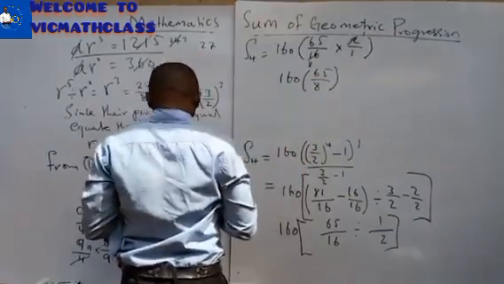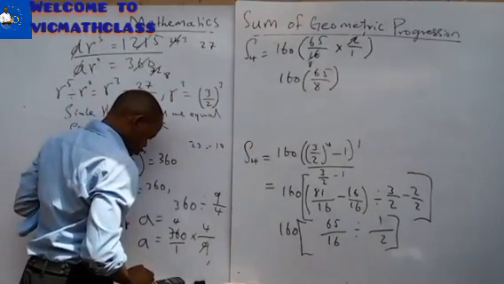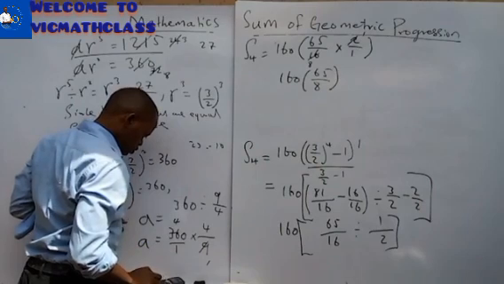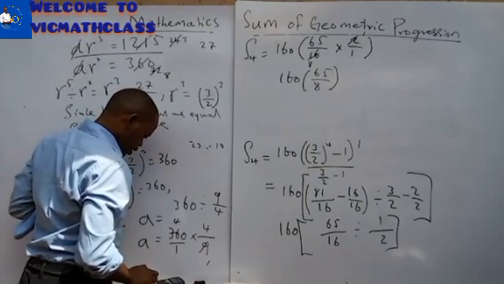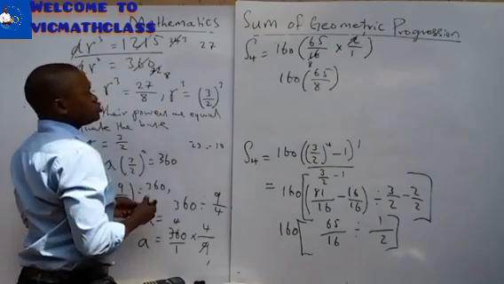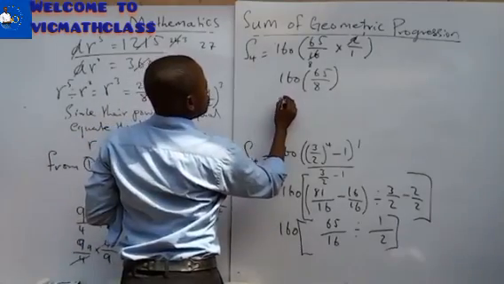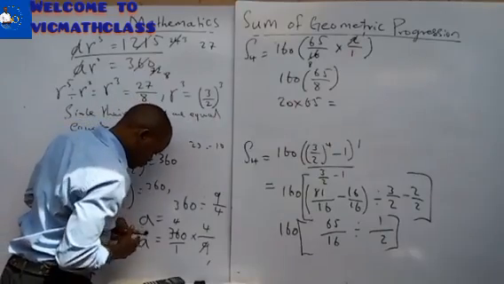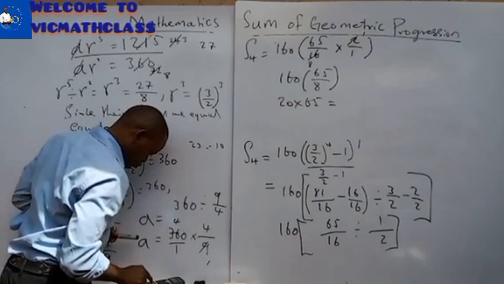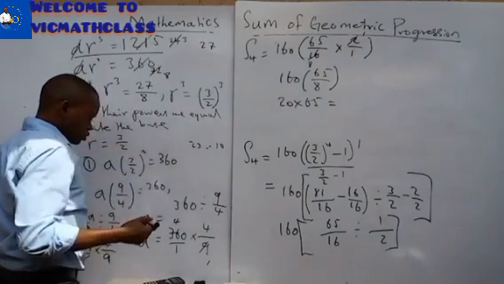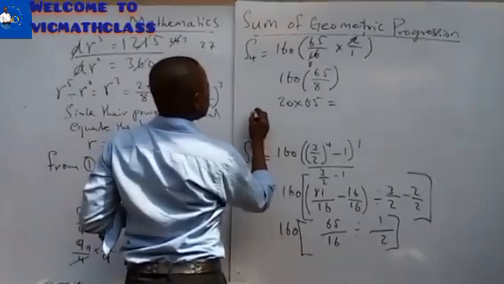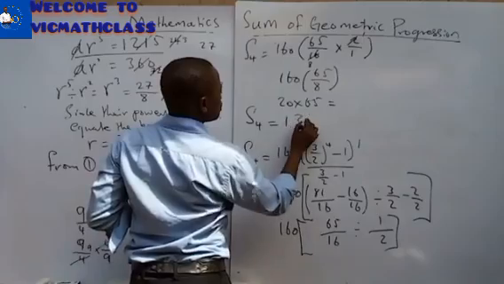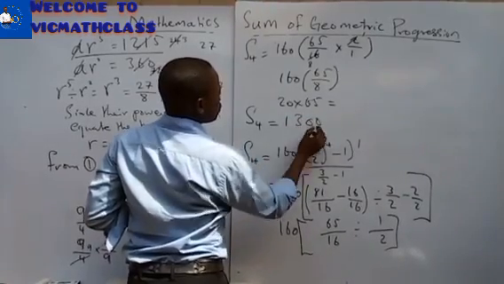So 160 divided by 8, I know that is 20. 160 divided by 8, I want to be sure, so that will be 20. 20 times 65 equals 1,300. So the sum of the first 4 terms is equal to 1,300.